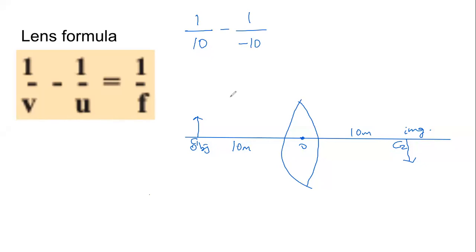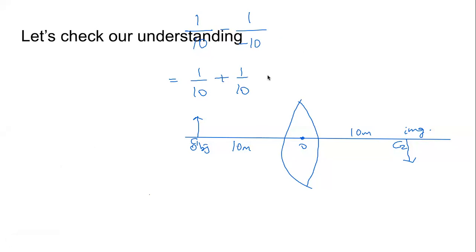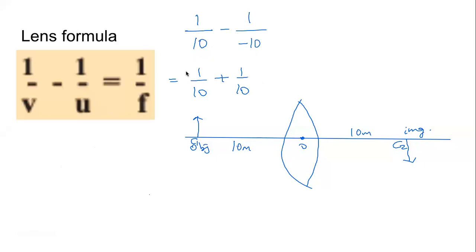If we can solve this, then we will be able to find it. Let us try to solve. 1 by 10 minus of minus, so plus 1 by 10. These are like fractions, so we can add. Like fractions.